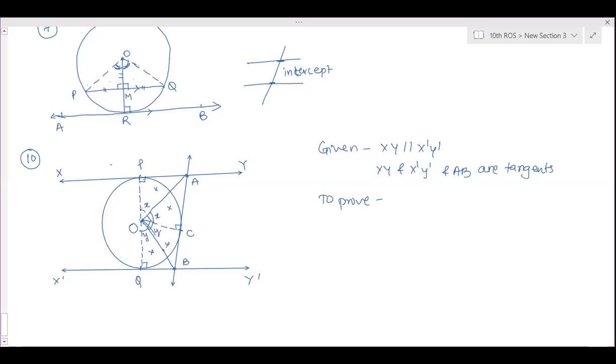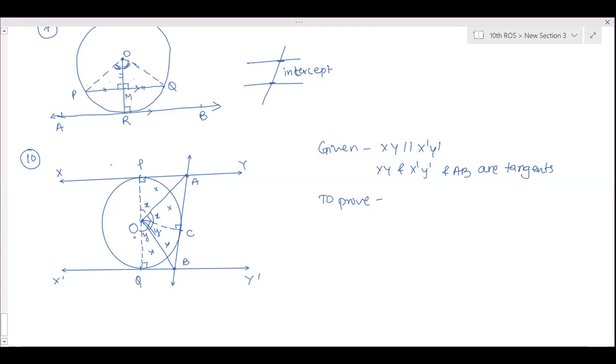Now POQ is a straight line, so the sum of all the angles is 180. So x plus x, 2x, plus y plus y, 2y. So 2x plus 2y is equal to 180. So what is x plus y? 90. Therefore angle AOB is 90 degrees.